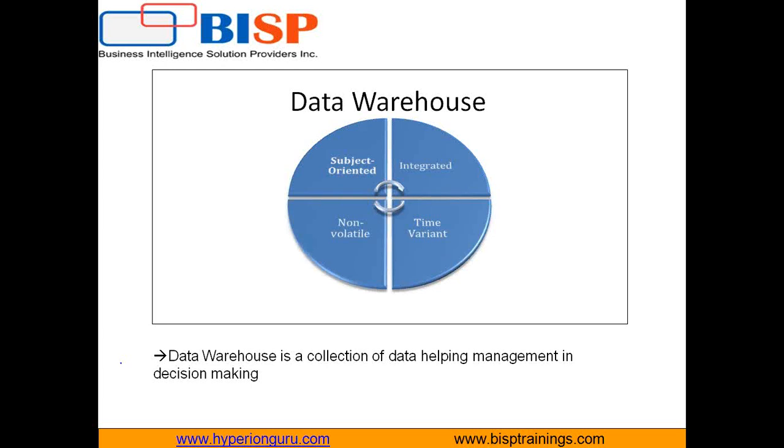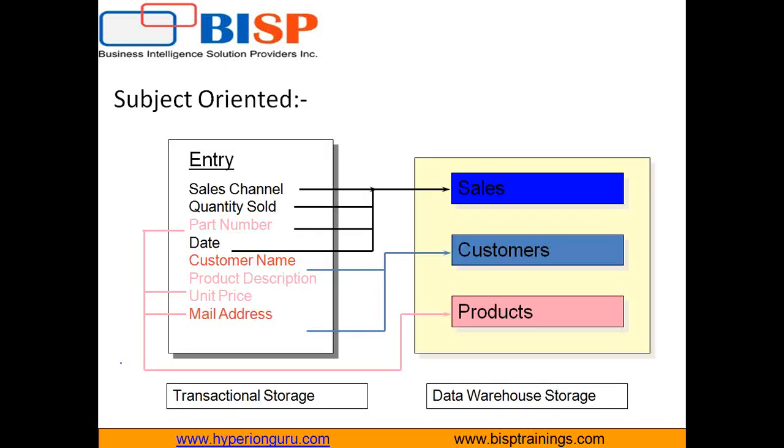Now, first thing is subject oriented. Why is the data warehouse called subject oriented? In the picture, you will see a sheet which contains sales channel, quantity sold, part number, date, customer name, and all those attributes. This is a simple transactional file.